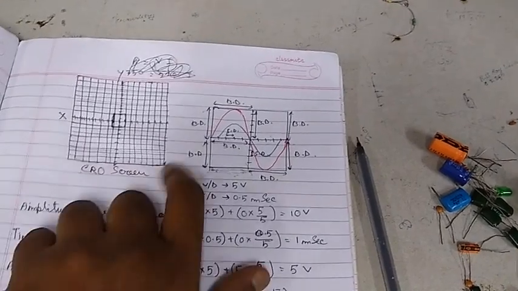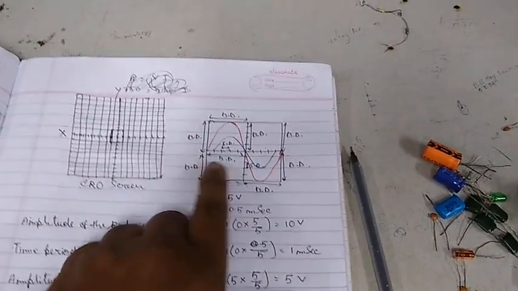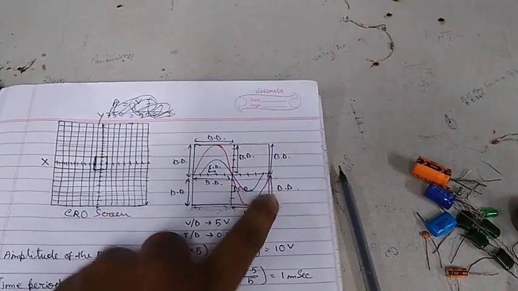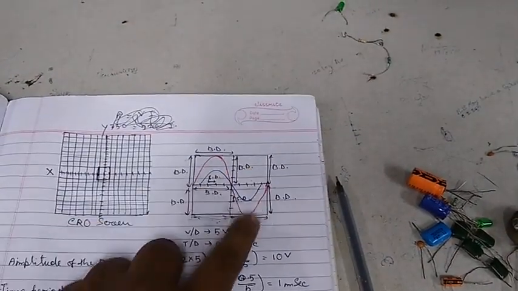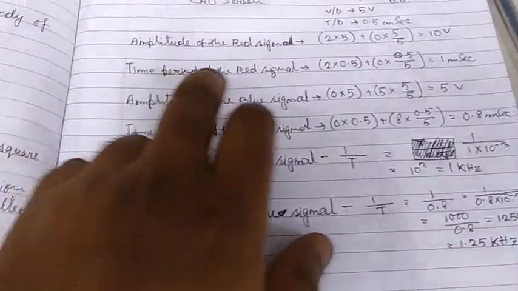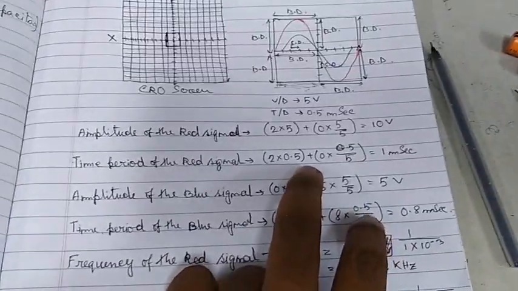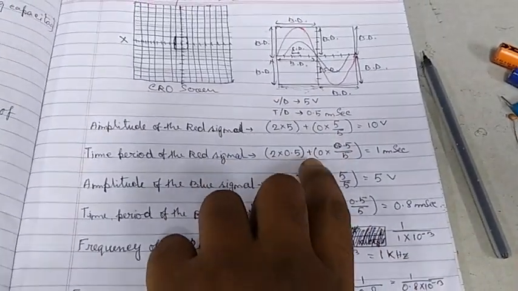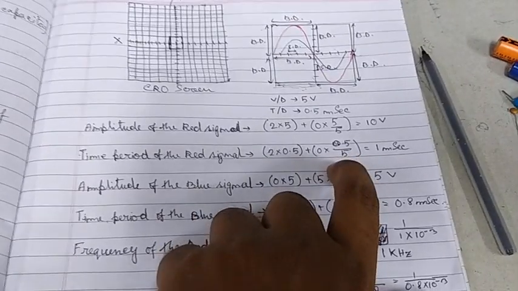So when we are calculating the time period, we have to take readings along x-axis. So two big divisions along x-axis are occupied to complete one cycle. So we have written here 2 into 0.5, 2 big divisions, 2 time per division is 0.5, and 0 into 0.5 by 5.